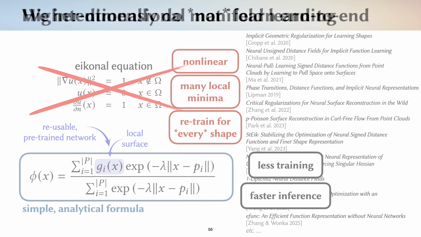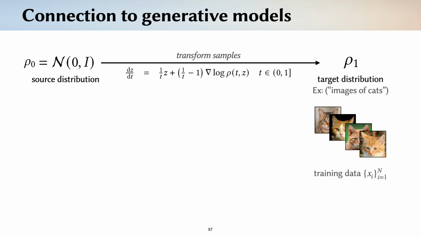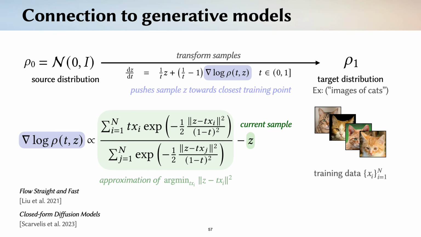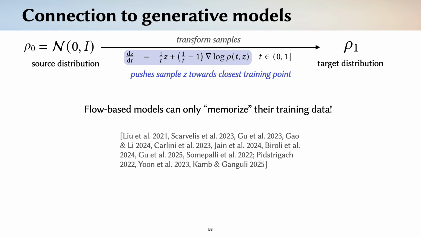On another note, our insights about low-dimensional geometry also apply in higher dimensions. One example is generative modeling, where flow-based models actually have a closed-form expression for the solution that looks really similar to our distance formula. It's a vector that points from the current sample to an estimate of the closest data point seen in training. This means that as is, flow-based models can actually only memorize their training data.